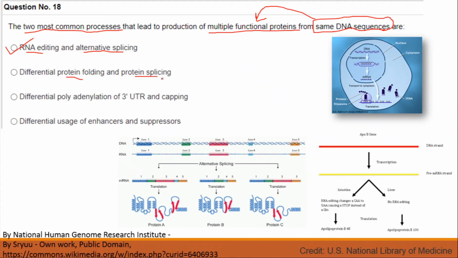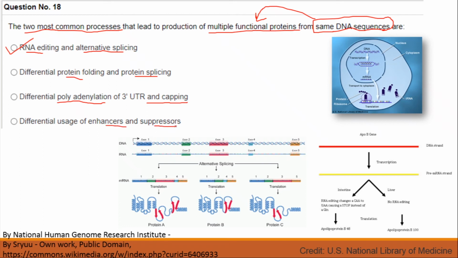The answer to the question is RNA editing and alternative splicing. If you see the other options, differential protein folding is a process wherein your protein gets folded in a different manner. Protein splicing is similar to intron splicing. As we have introns and exons in RNA, similarly you have inteins and exteins in proteins, and there the intein splicing can take place.